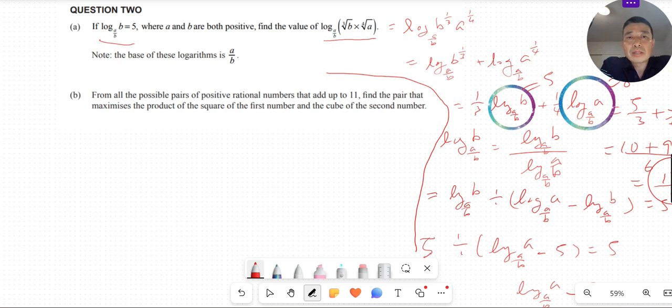You know what rational numbers are, right? It can be a decimal or a fraction, but it's different from irrational. Irrational is endless, and an irrational number can't be a fraction, but a rational number can be a fraction.